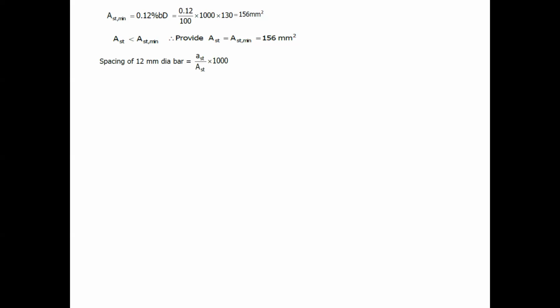Take down. Spacing of 12 mm diameter bar is equal to small Ast by capital Ast into 1000. So how much is the answer you are getting? Spacing?